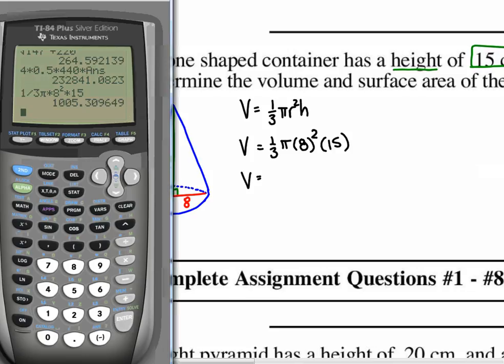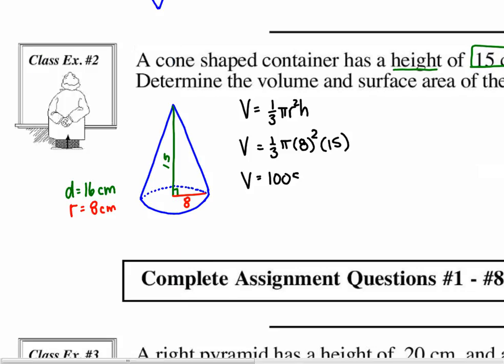So 1 decimal place should have 1005.3. Did we square the 8s? Remember the 1/3? Pi. Oh, there we go. 0.3, I think, right? Centimeters cubed.